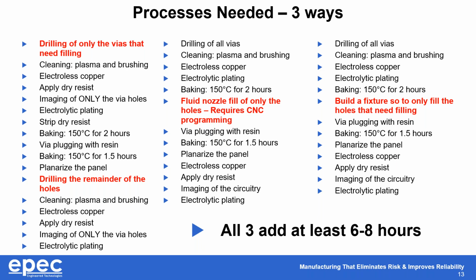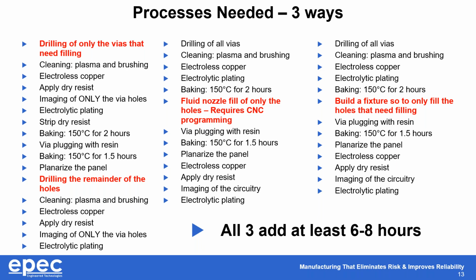One of the big reasons why this takes so long is because regardless of the mechanism that you use, you have to bake the panels themselves for 2 hours before and an hour to an hour and a half after to make sure that A, the panel is prepared to accept the material that's going in, and B, afterwards to make sure it's fully cured.